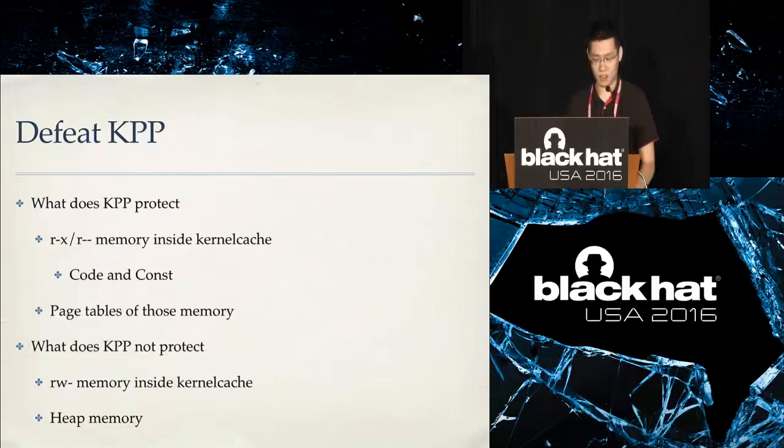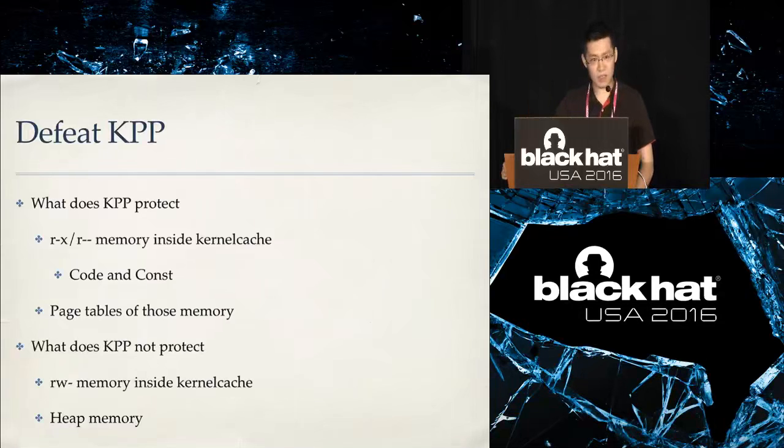So the way we did it was to do some black box testing to find the weaknesses of KPP. First, we wanted to know what KPP protects. We realized that all the read-only and read-executable memory inside the kernel cache is protected by KPP. If you modify any of this memory, a panic will be triggered.